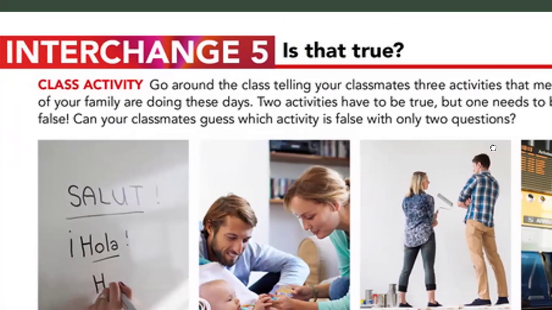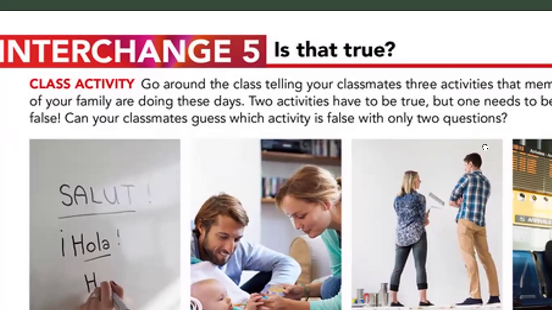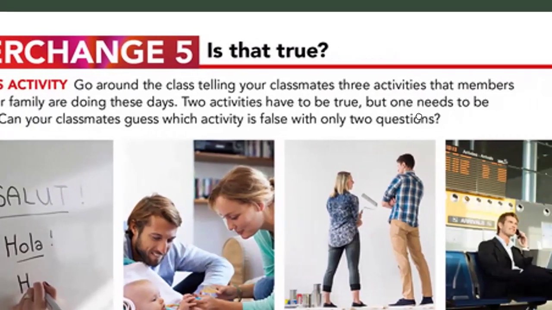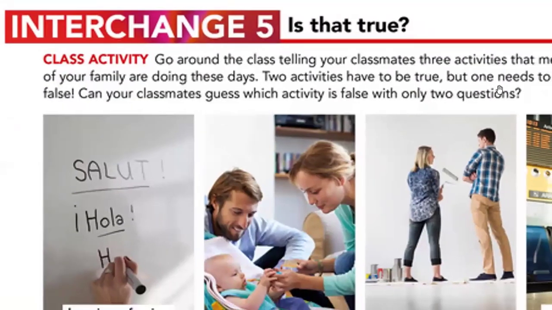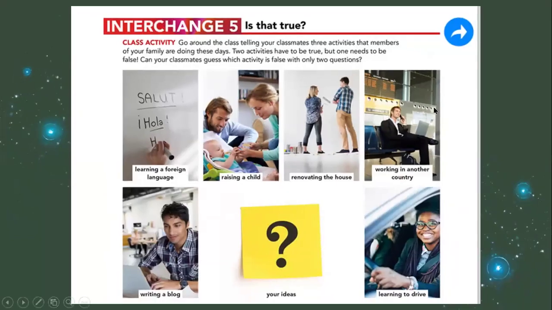Two activities have to be true, but one needs to be false, okay? So you're gonna talk about some activities that you are doing nowadays. Think about two activities that you are doing nowadays and two activities that one member of your family is doing nowadays.